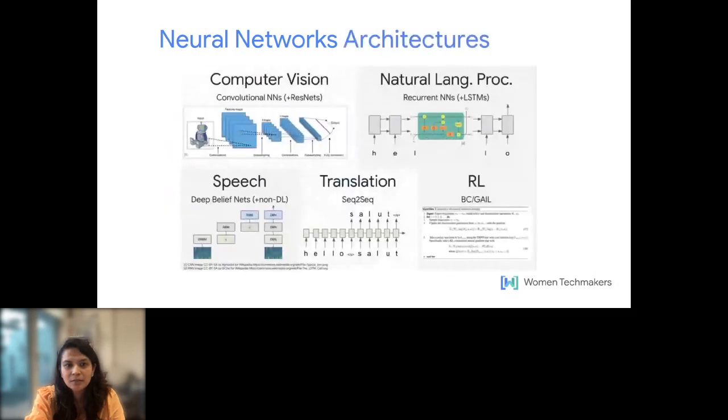Okay, moving on. So before 2020, there were many neural network architectures which were in being, I mean, which are still in being. But there were neural network architectures for each task. So if I talk about computer vision, or let's take an example of object detection.